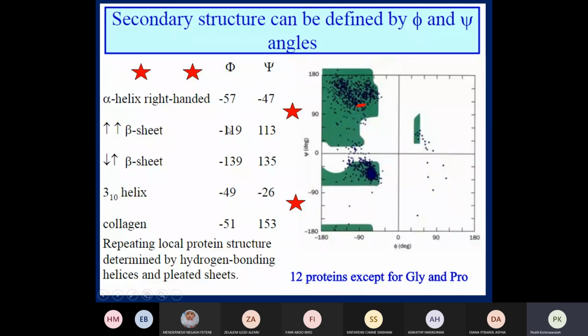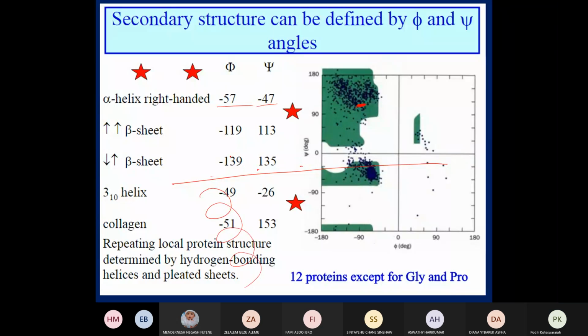For the parallel beta sheet, the phi value is minus 119 and the psi value is 113, and for the anti-parallel, minus 139 and 130. That means if you measure the psi and phi throughout a polypeptide that is a right-handed alpha helix, it has only phi value minus 57 and psi around minus 40. Since it has the same phi and psi values, it forms an ordered secondary structure.